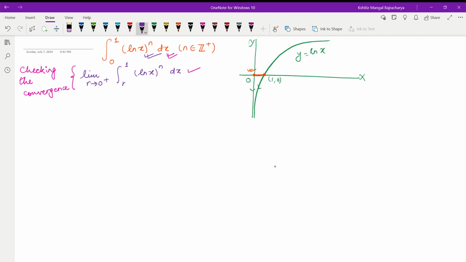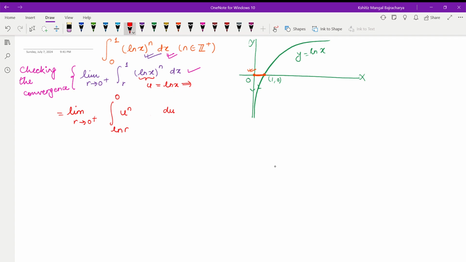So now let's simply make a substitution. Let's make the substitution u equals log x. Then the lower limit will be log r, and the upper limit will be log 1, which is 0. This will be u raised to the power n, and we're going to use the new variable du.